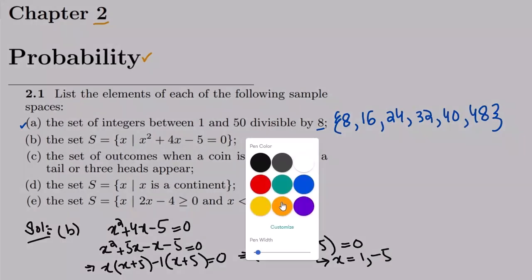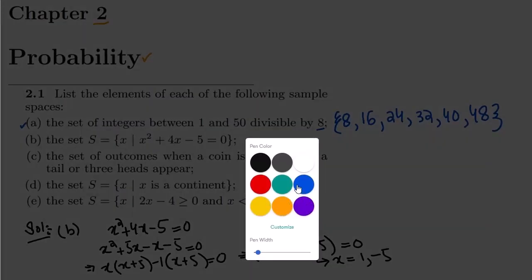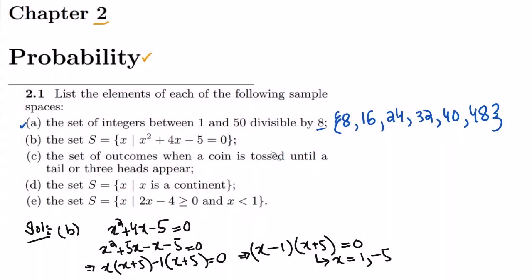So these are the two values. The set here will be only the two values which we have calculated right now. So S equal to 1, minus 5, and the same rule which we have followed here will also be followed here.